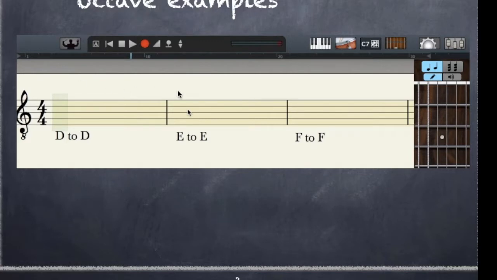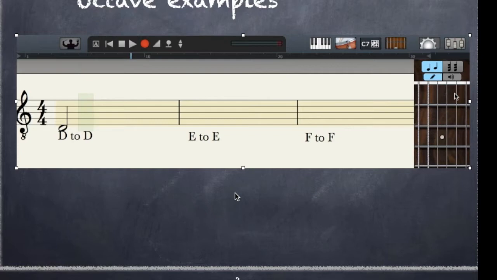Here are some other examples I prepared earlier. Our first octave will start on the open string D. To make it an octave, we need to play the D above, which is 3rd fret, 2nd string.